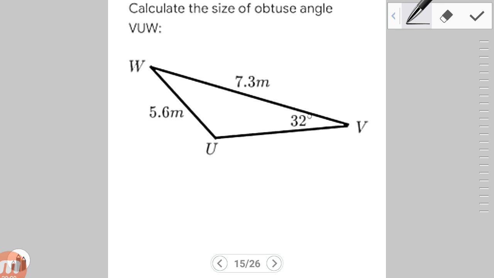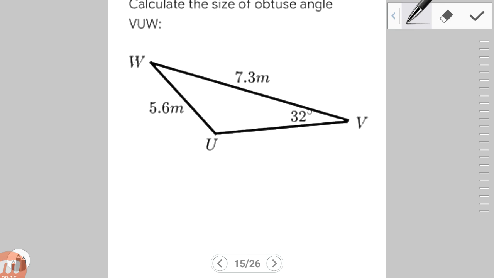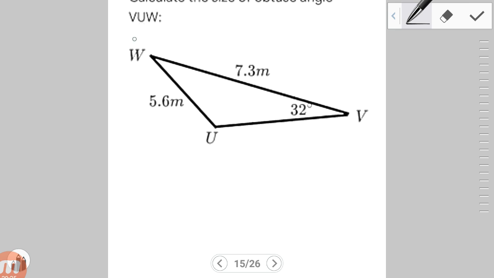So now for this particular example, we're going to be looking at calculating the size of the obtuse angle VUW. Oftentimes you're going to find that on the CSEC exam paper, they tend to name the angle with 3 letters. Now if you're not familiar with the angle VUW, then the angle's location is always at the letter that is in the middle.